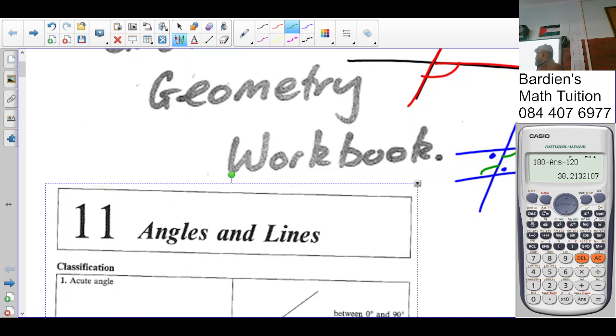Not so? And we call these alternate angles. Remember here, you say that angle 3 is equal to angle 8, and you see that Z being formed, and angle 4 is equal to angle 7. And the reason here is alternate angles.